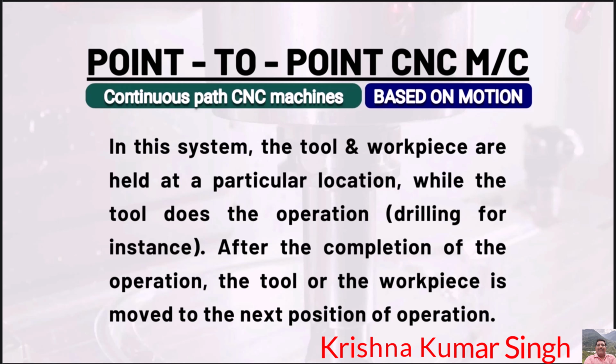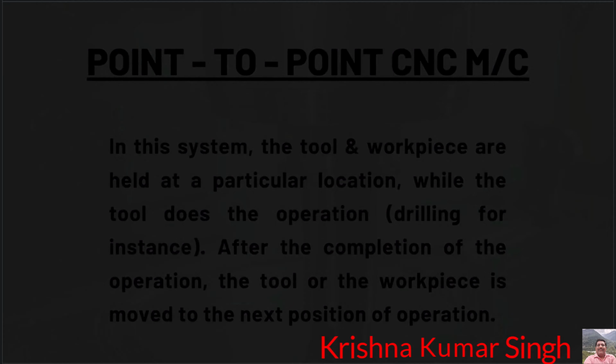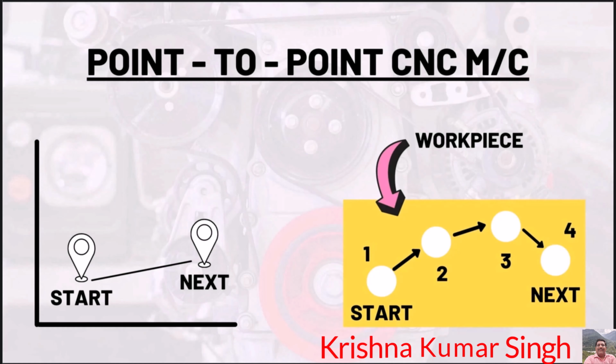In this system, the feed rate and the speed of cutting tool or workpiece has no effect on machining process, unlike traditional machining methods. The dimensional information to be given to the machine are a series of positions of the slides of the tool or workpiece.